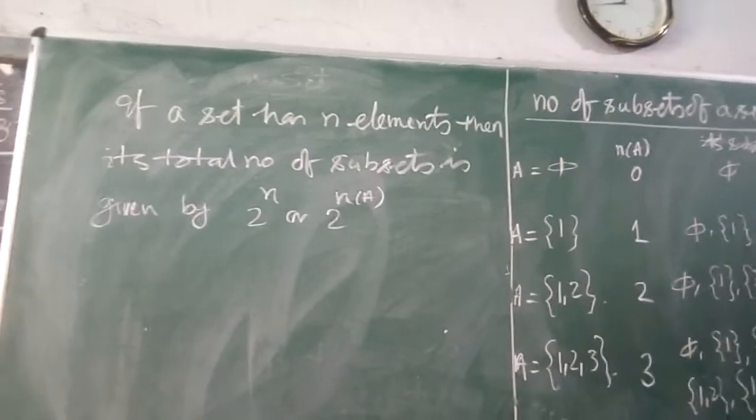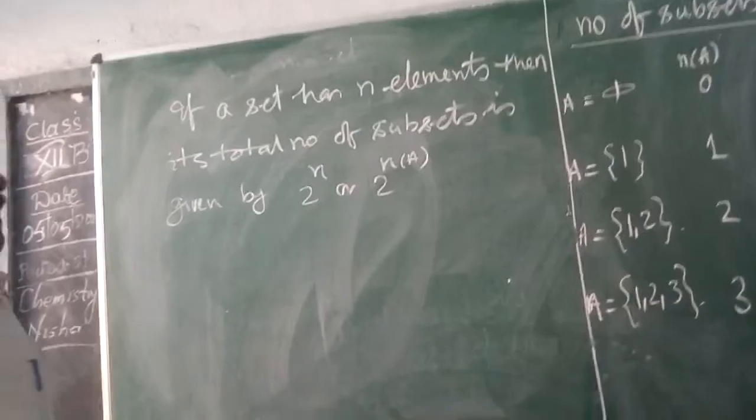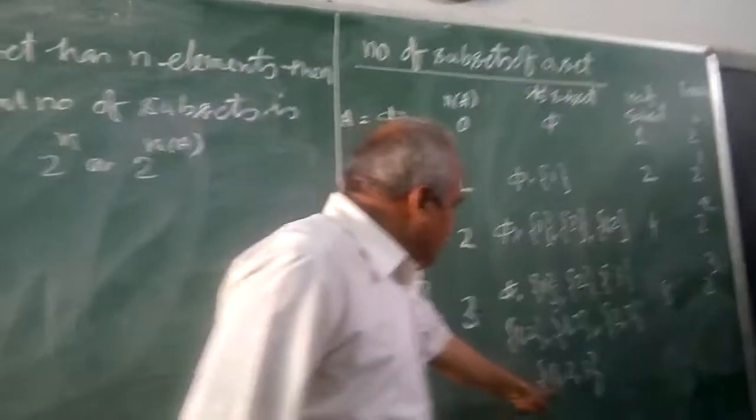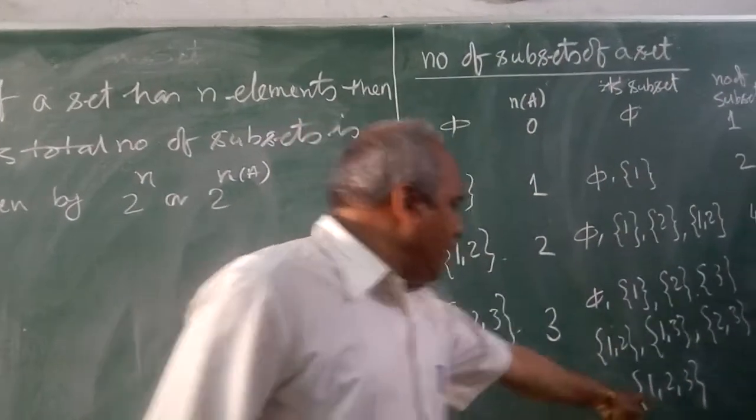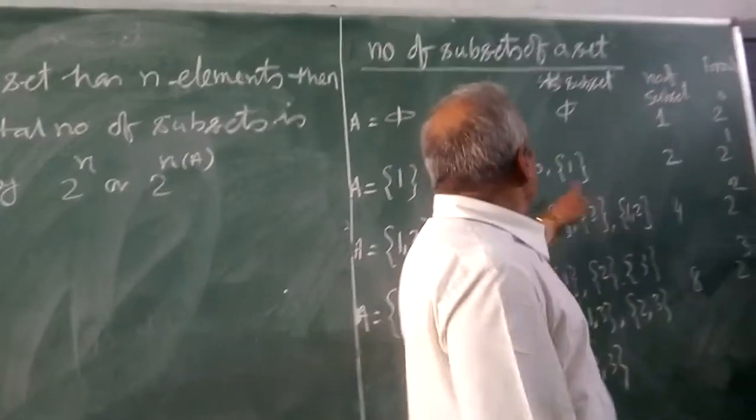Okay. Now, in the total number of subsets, you might have seen the set itself is included. Here {1, 2, 3}, {1, 2}, and phi.